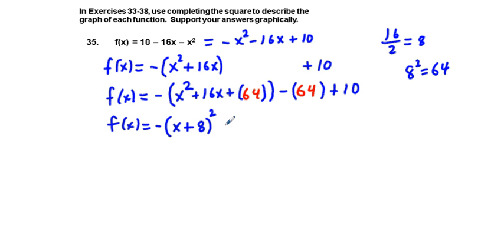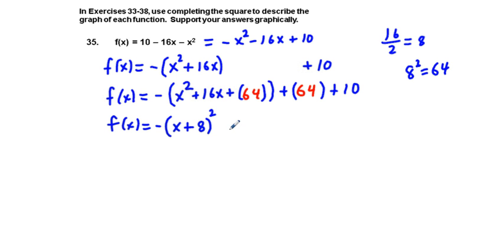So minus 64 plus 10 is minus 54. Okay, let's see if we did that right. No, we didn't, because we subtracted 64. We're going to have to add 64 over here. Okay, caught that mistake.